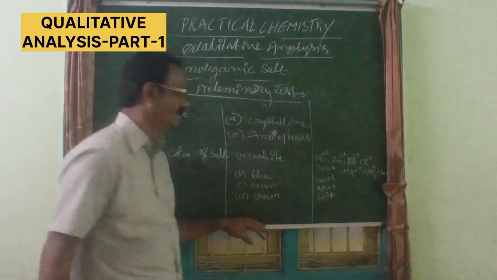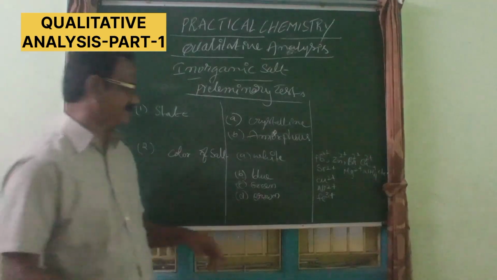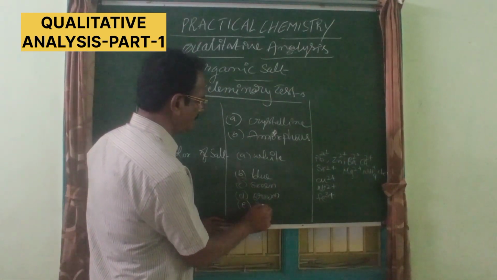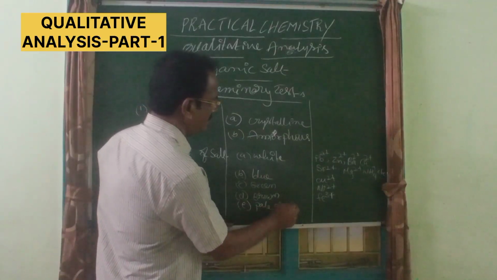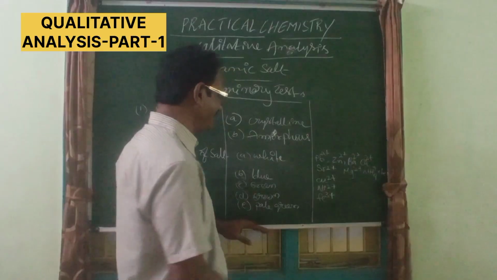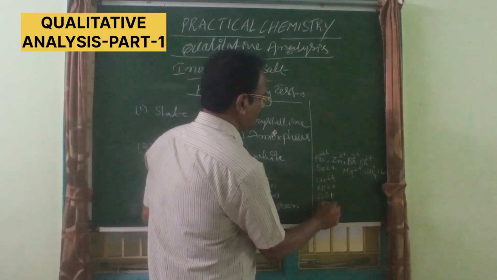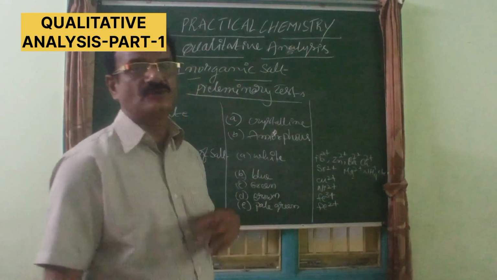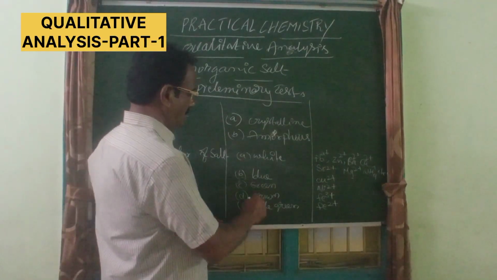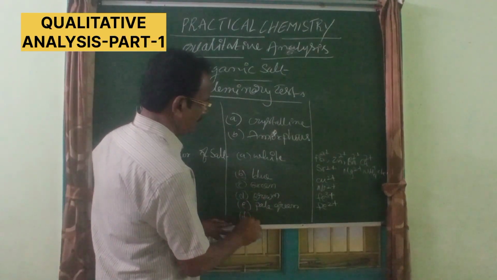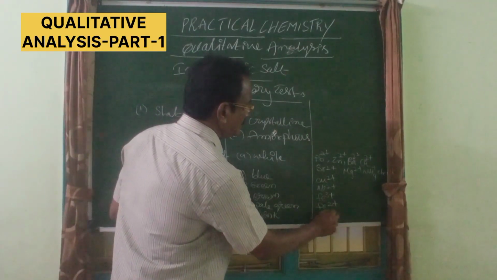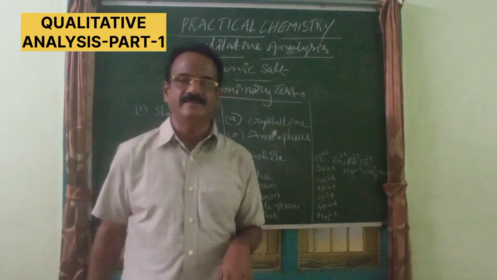Another one is pale green. If the salt is pale green in color, there would be Fe2+, the cation present in the inorganic salt. If the salt is pink in color, Mn2+ would be there.